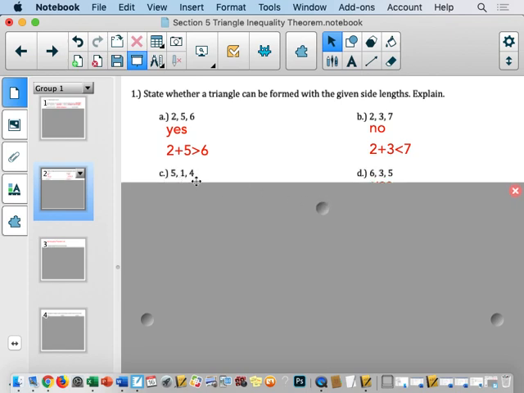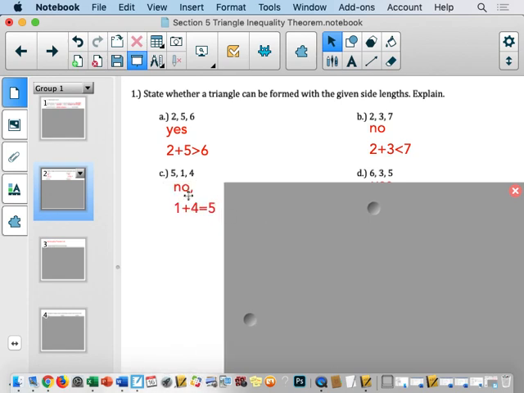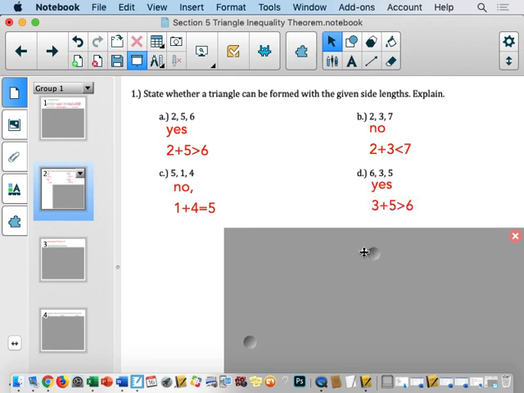Is 1 plus 4 greater than 5? No. So your answer here is no. When those two shortest sides are equal, your answer has to be no. It has to be greater than. And on D, two smallest sides are 3 and 5. Does 3 plus 5 greater than 6? Yes.